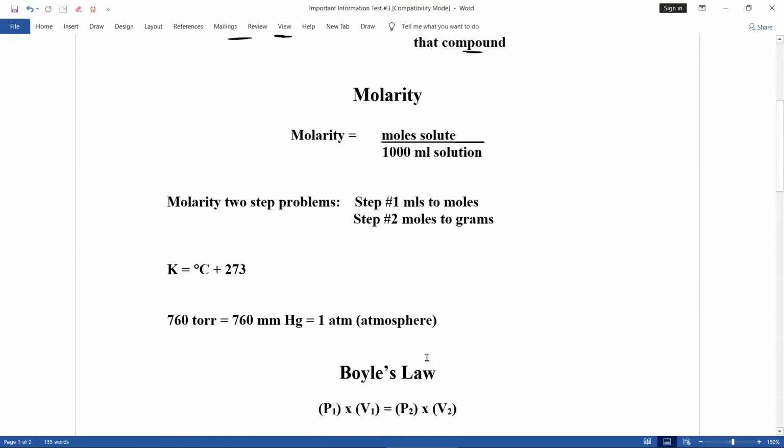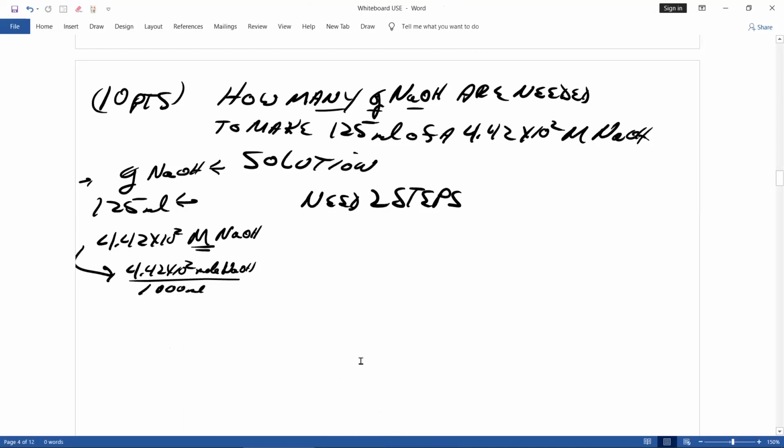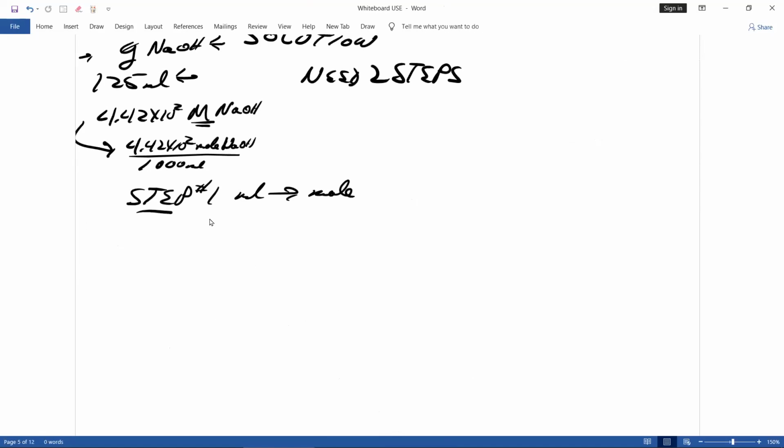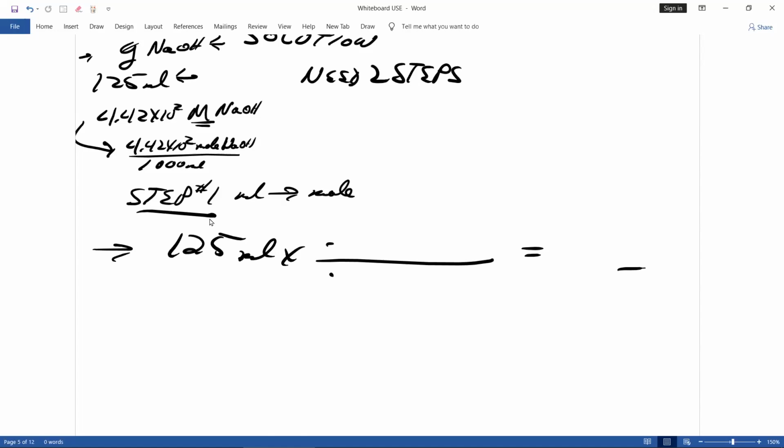Step 2, moles to grams. And the only thing we have to start with is 125 milliliters. I'm going to let you fill in the rest, like what units you're trying to get to and what goes here and here. Your turn for step 1. Go.